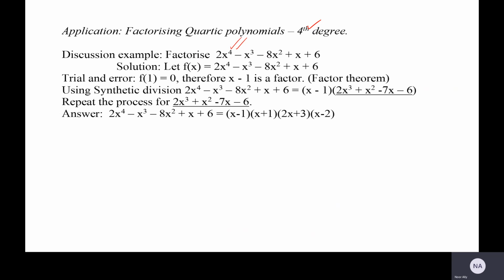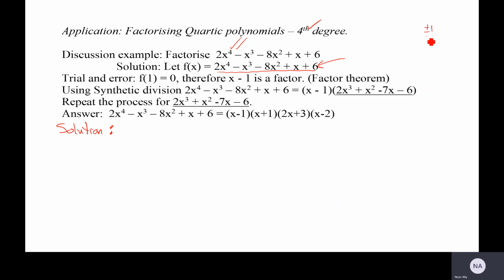Now here I have an incomplete solution, but I'm just going to do this quickly for you. Let's see in my solution. So we want to factorize that. I said let f of x equal that. Then by trial and error, we started substituting. Plus 1, remember you have to use factors of the first and last term, but in this case we use the last term.